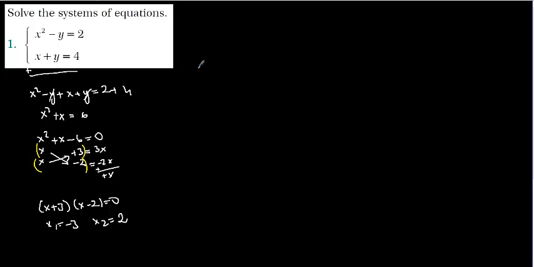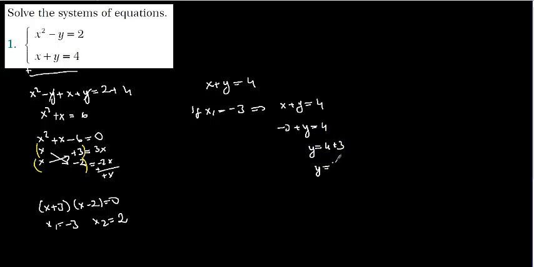Then I found the x values, and in the second part, x plus y is equal to 4. If x1 is equal to minus 3, then minus 3 plus y is equal to 4, y is equal to 4 plus 3, y is equal to 7.